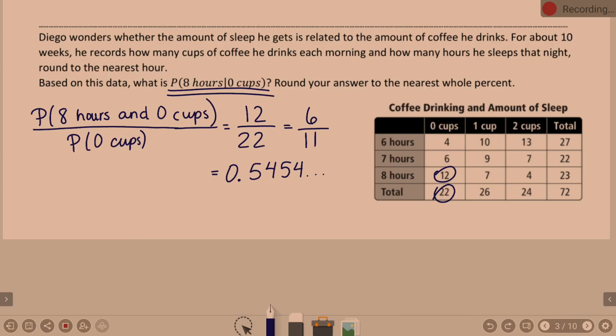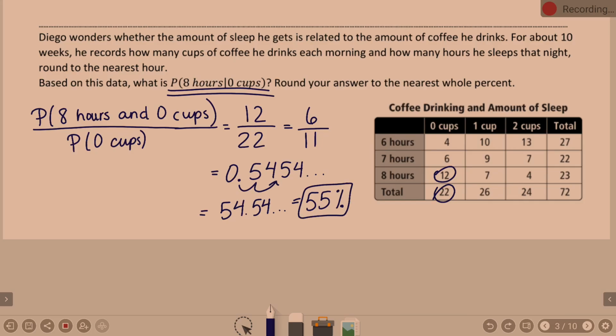And so when I change that to a percent, 54.54%, but we were told to round to the nearest percent, so that is approximately 55%.